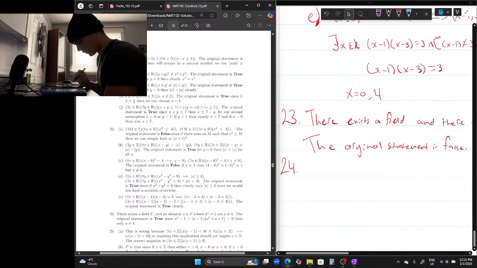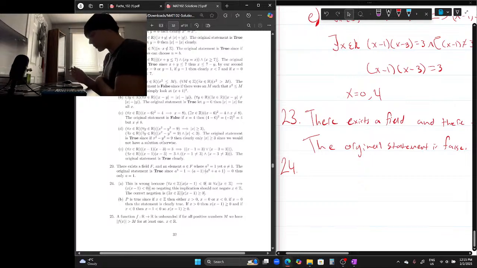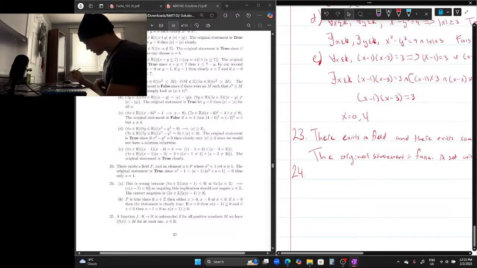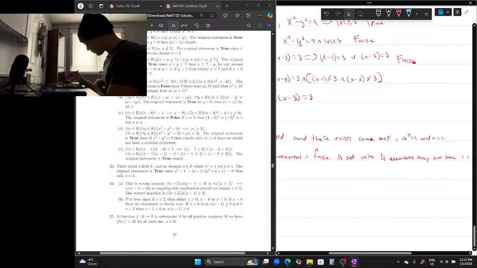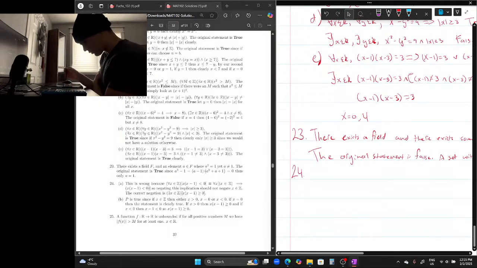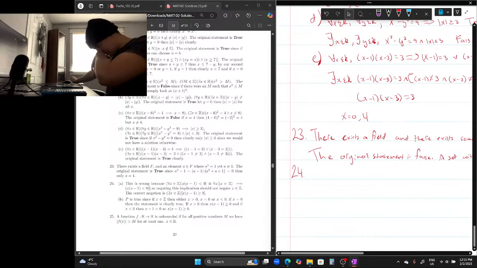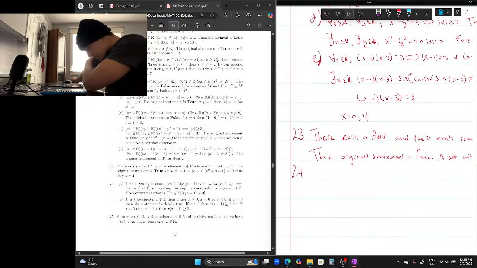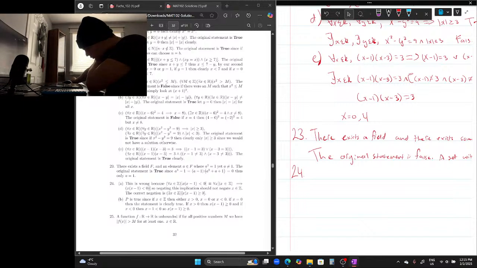Let's see what they say in the solutions. The real statement is true since A minus 1. Oh, shoot. Wait. What? I don't understand that.